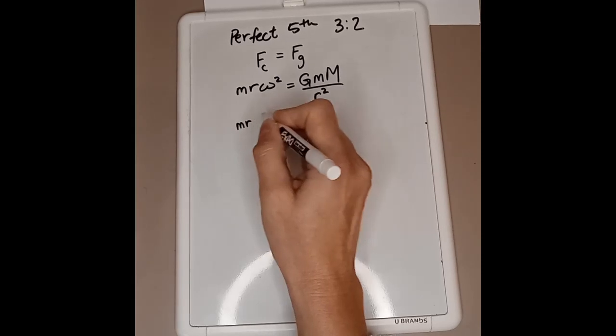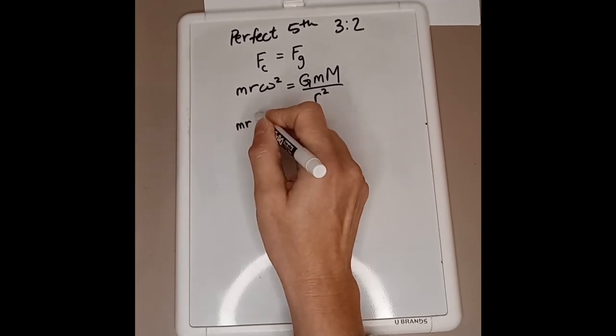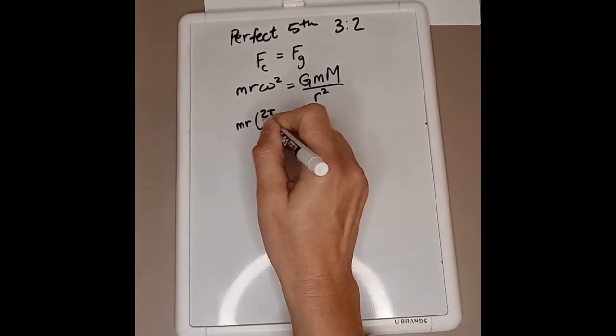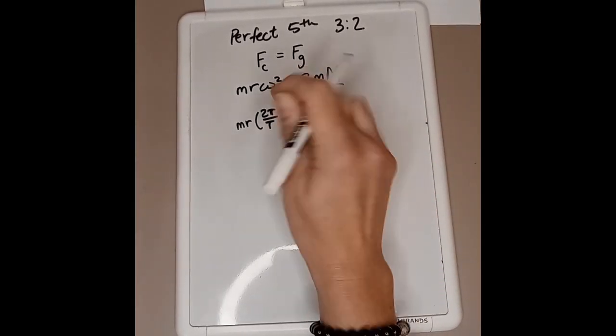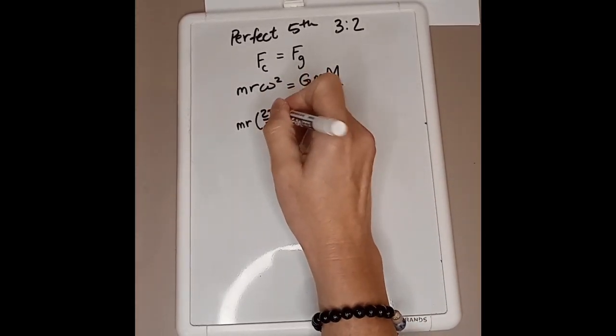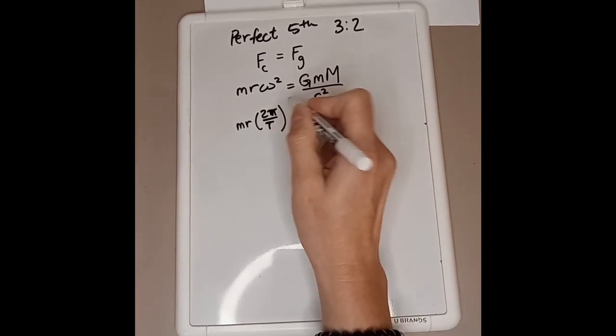We're going to replace omega with 2 pi divided by capital T, the period of the object's orbit.